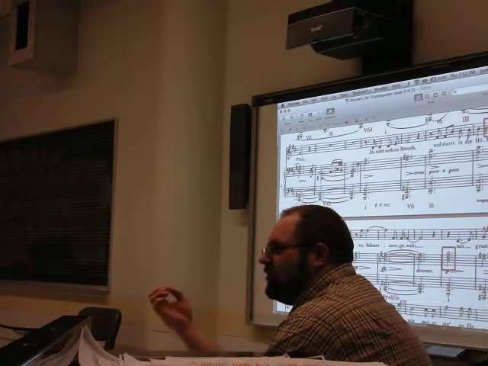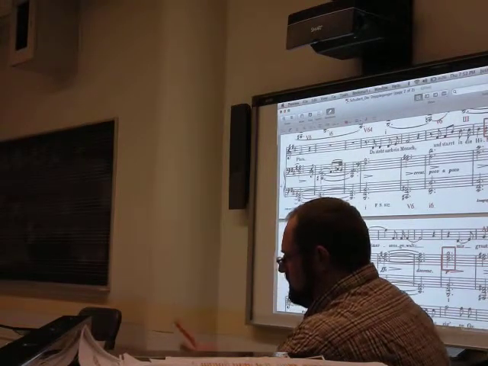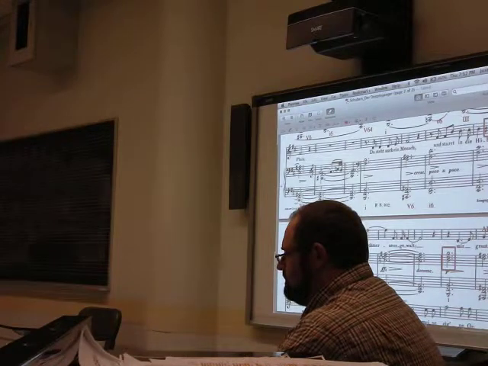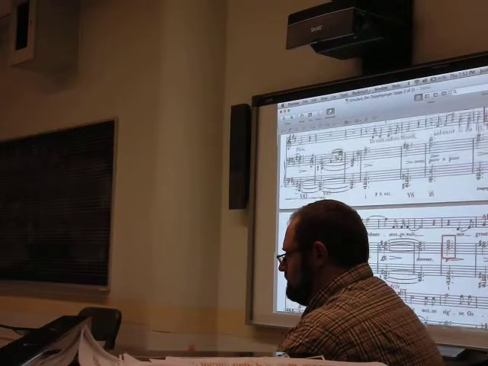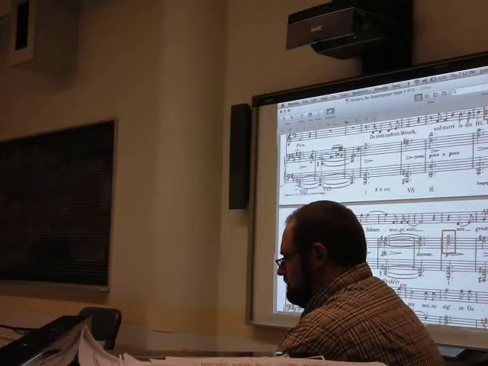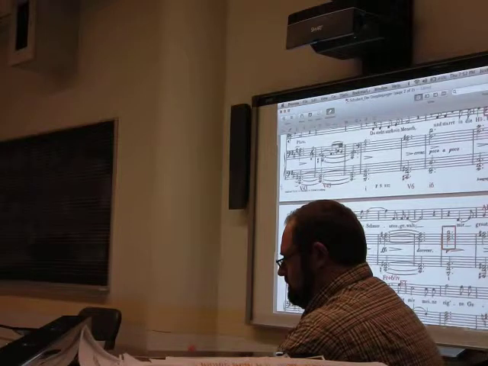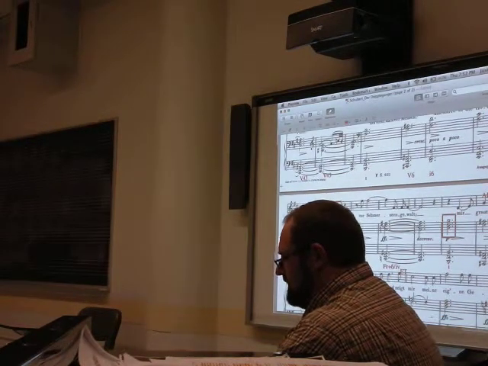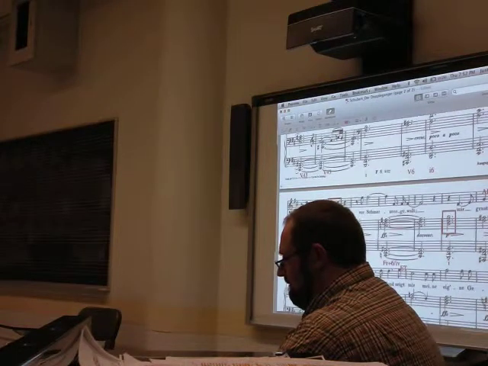Right, a little bit more definitive. Right here we're going to start climbing up that tonic triad. First time that full chord's there.